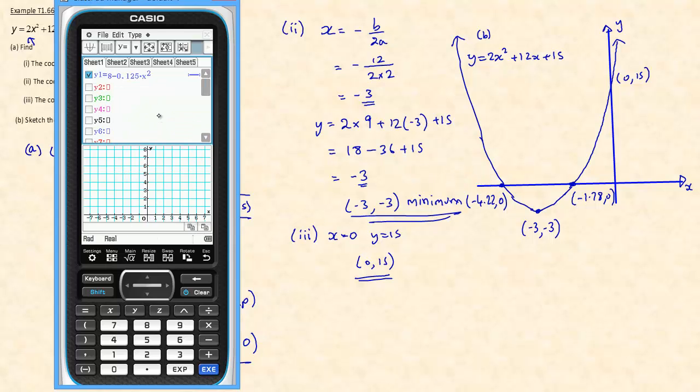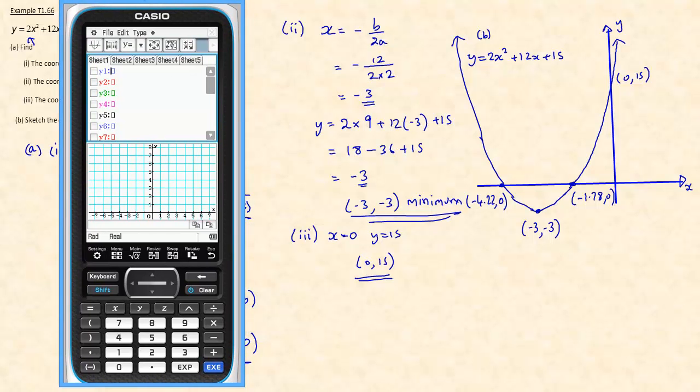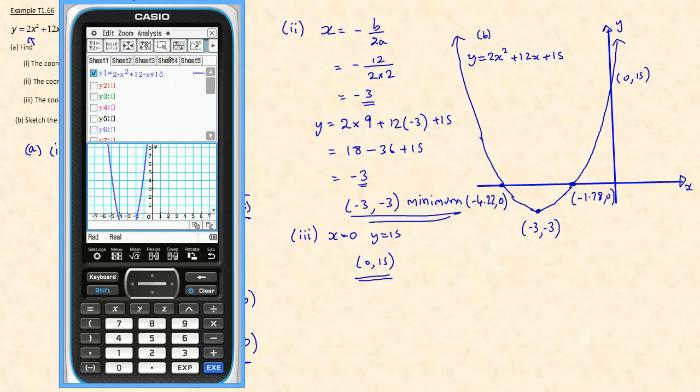We could just go to graph and table, and let's just clear whatever we've got there before, and let's put in our curve. So that's 2x squared, add 12x, add 15, and then we can just graph that down here.